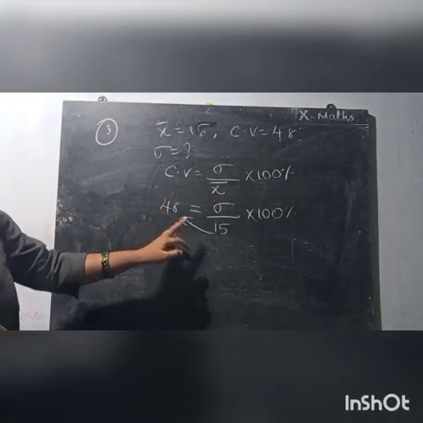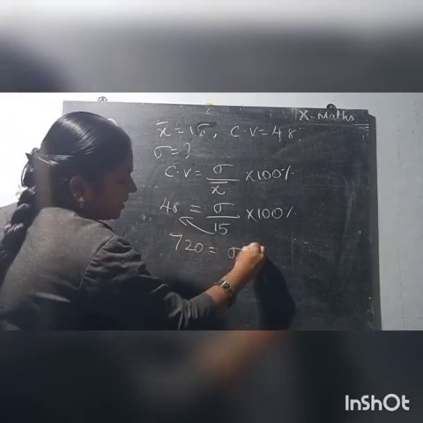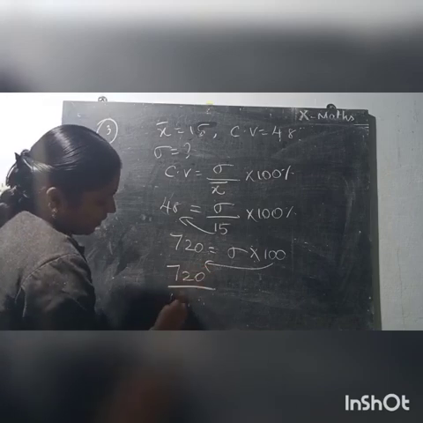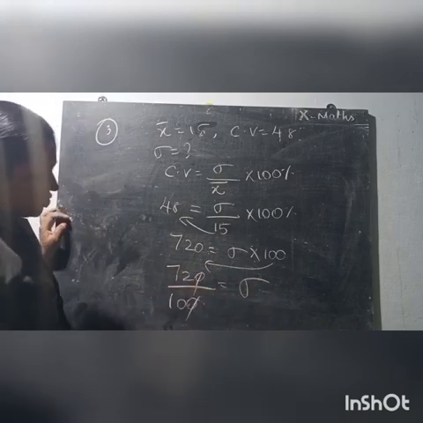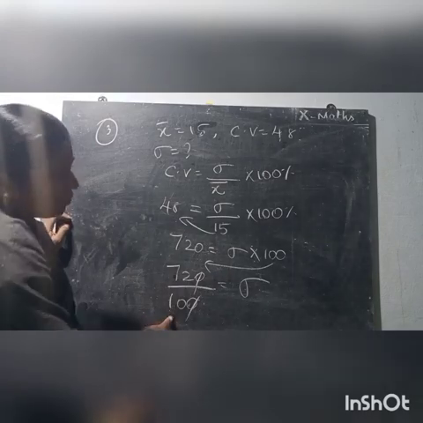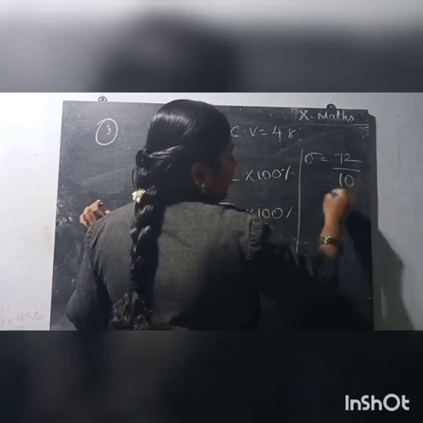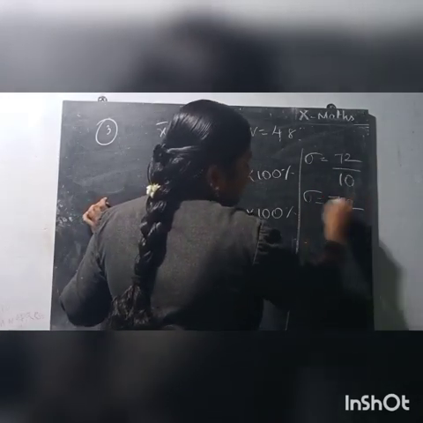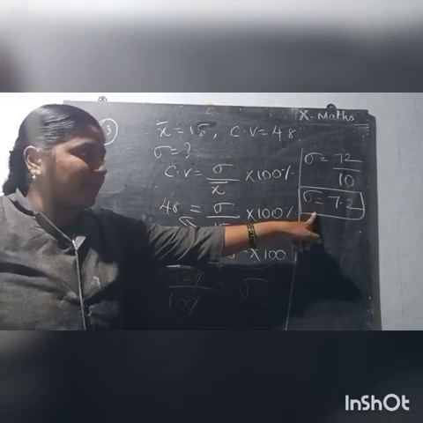Now 48 into 15, we will get 720 equals standard deviation into 100. Bring this 100 here. So 720 by 100 equals standard deviation. Now the zeros will be cancelled. Standard deviation equals 72 by 10, so we keep one decimal place. So required standard deviation is 7.2.